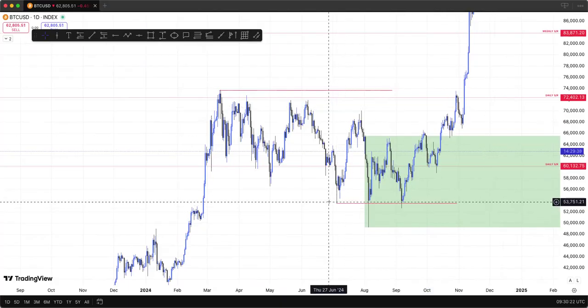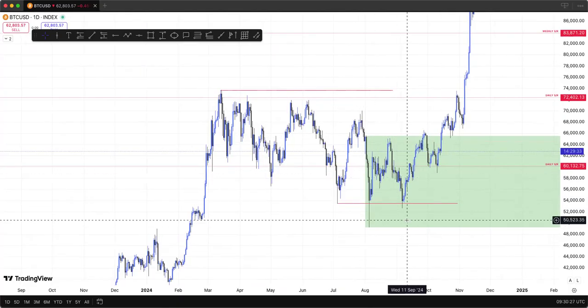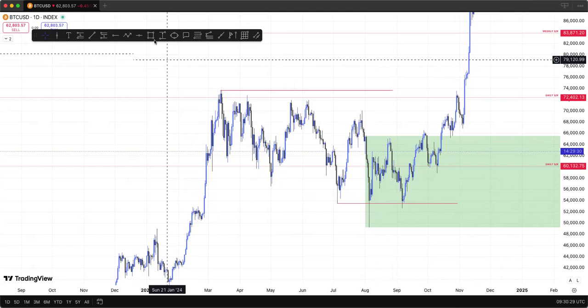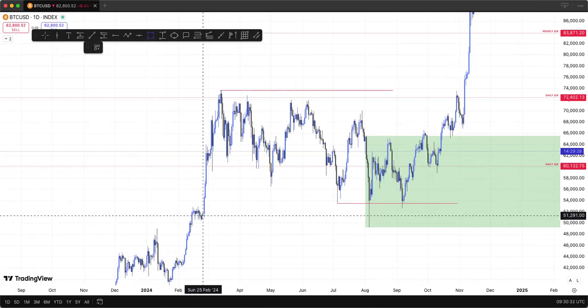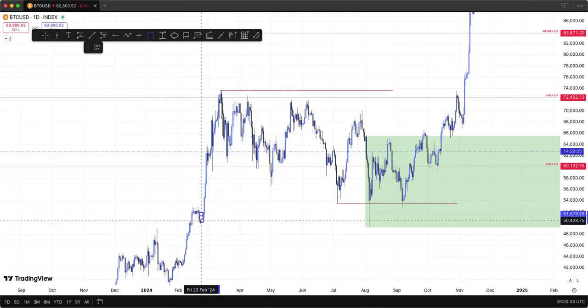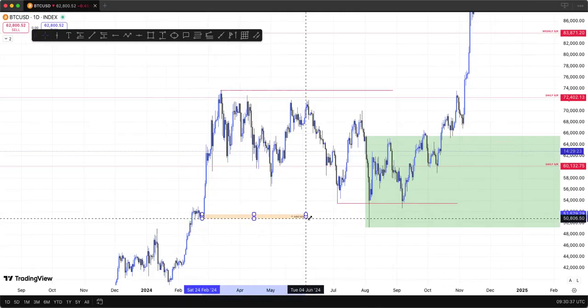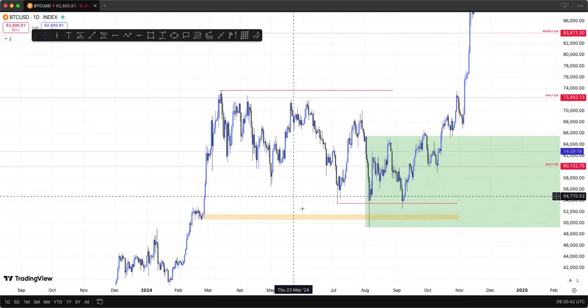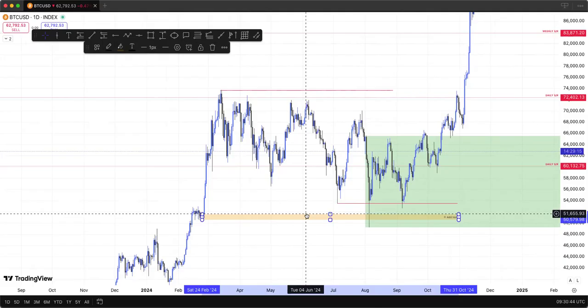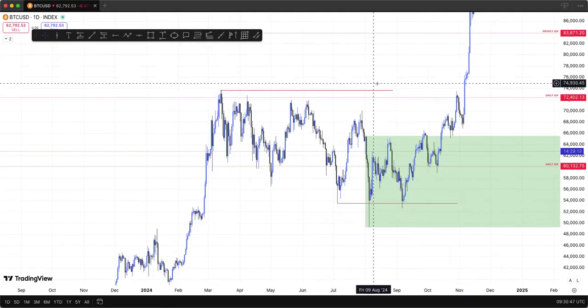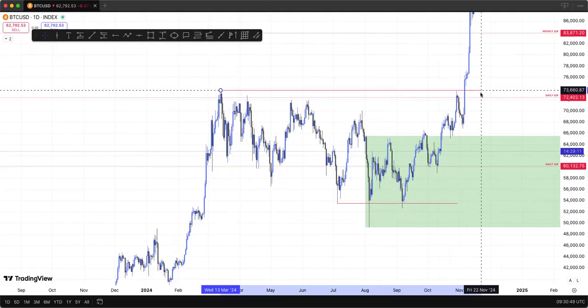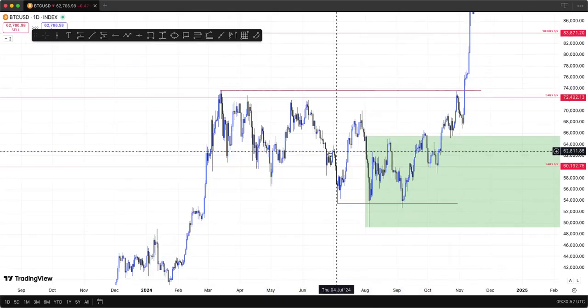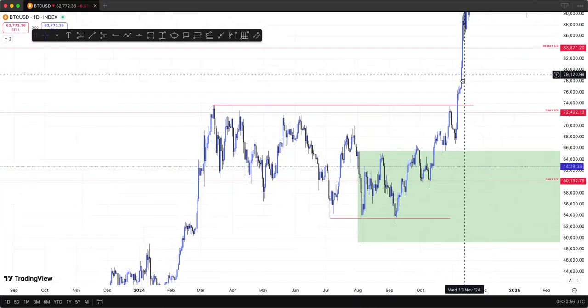And price didn't invalidate this low. This low just got wicked, and the impulse came back. The impulse came in from this daily demand right here and took price all the way up to invalidating this high right here. Okay, so here the sell side liquidity got invalidated when we broke above it right here.